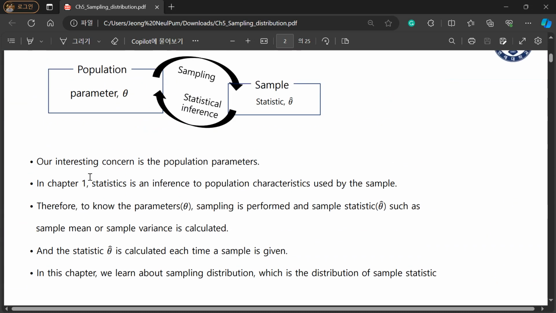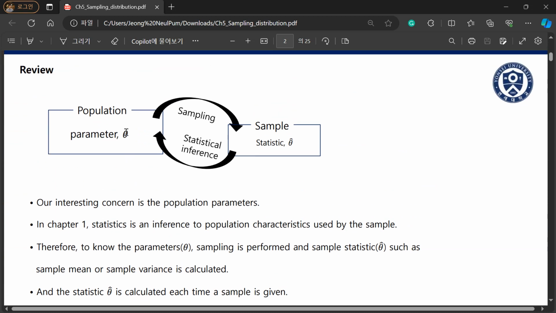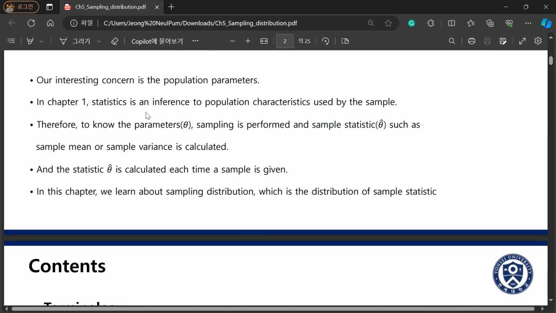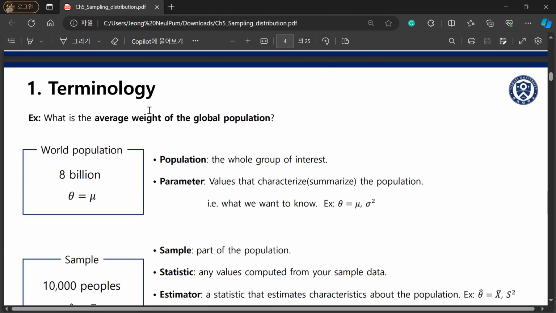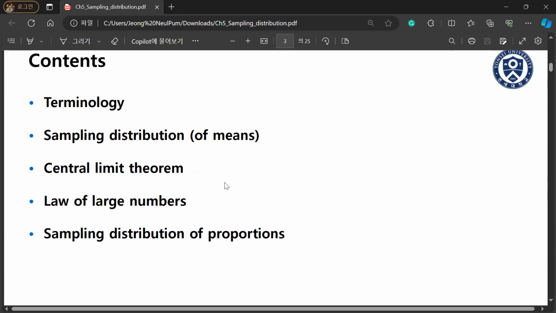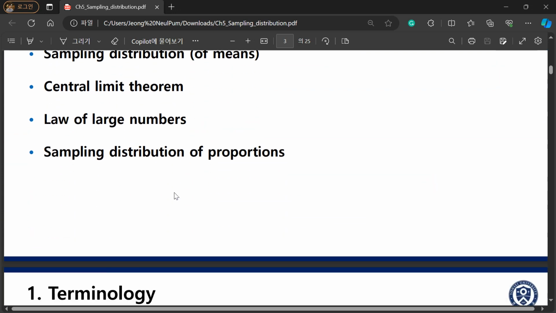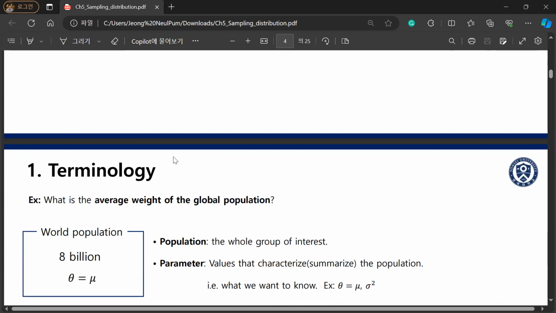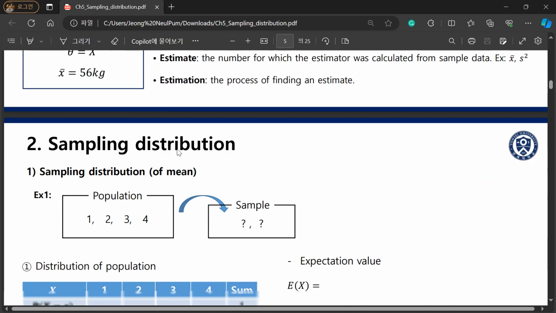So it is actually a very important concept in statistics. There are some examples in this material, so we will solve some problems throughout our programming.